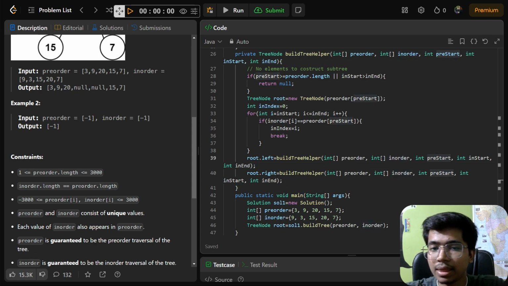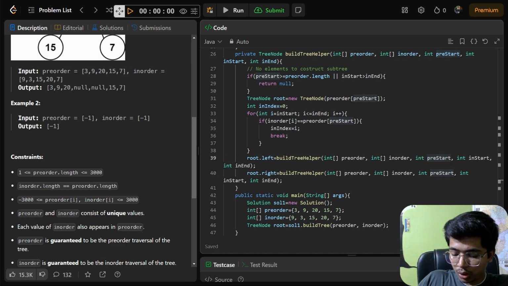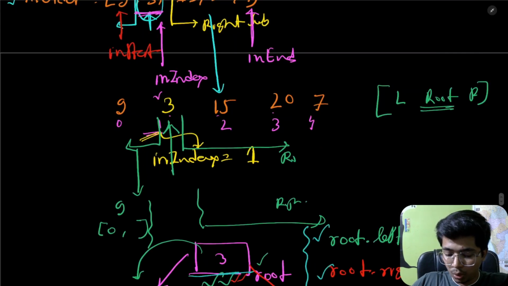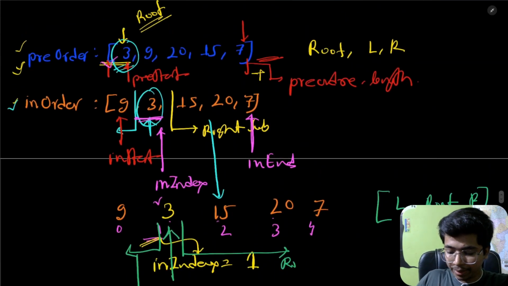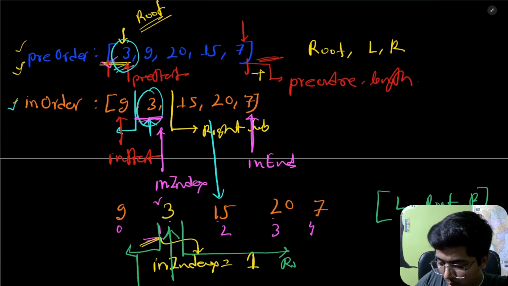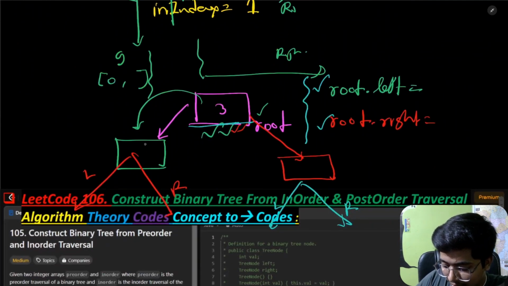Now notice one thing, that we have to update the starting indexes. We had preStart as the first one, but notice here there was 3, and this is the left side, the 9. But in the second step, when this 3 9 comes here, this also becomes a root.